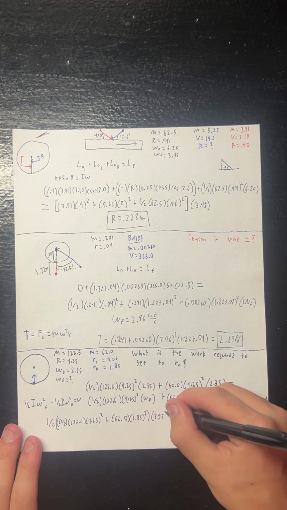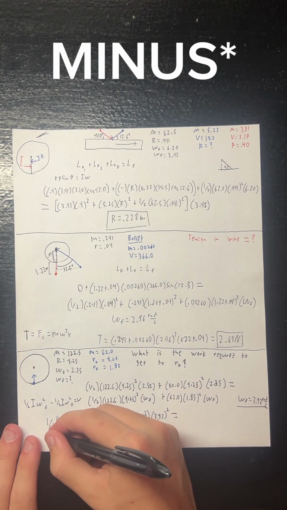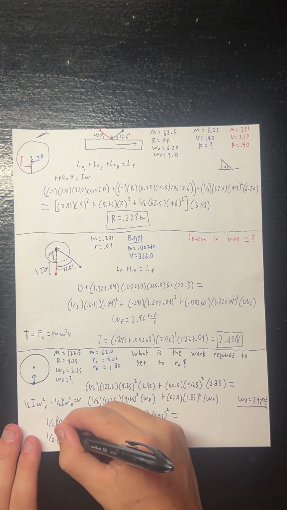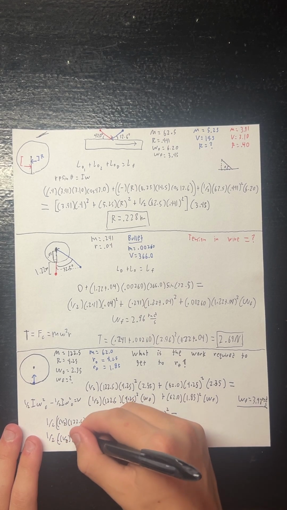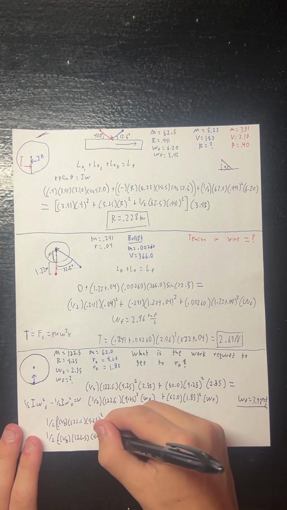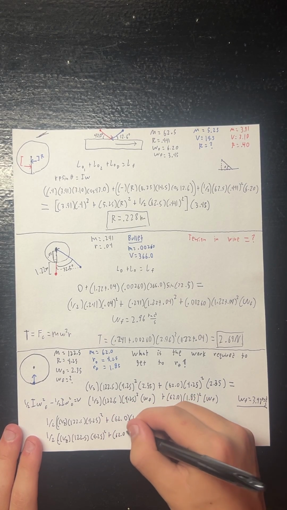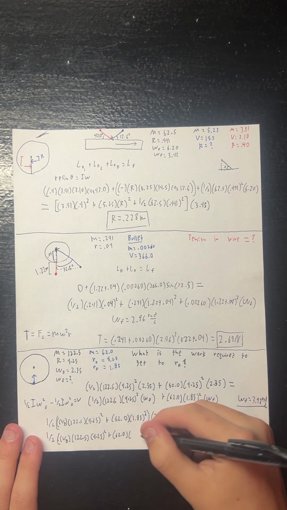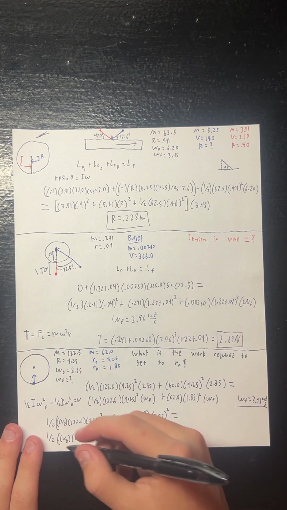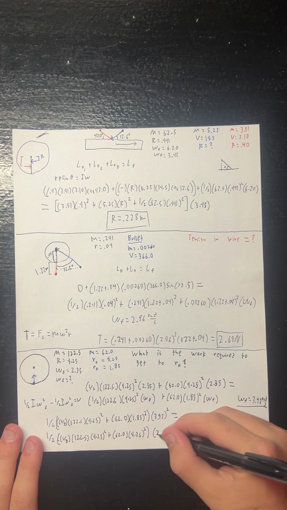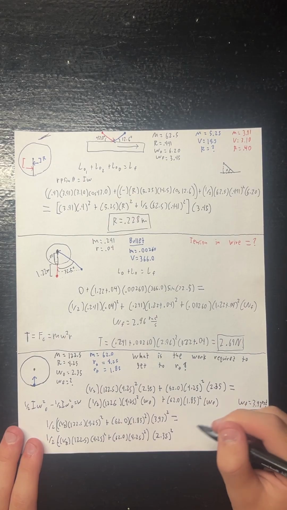3.97 squared, because it is I W squared, and that is going to be equal to 1/2 the I W squared initial. So again, 1/2, this doesn't change, times 122.5 times 4.25 squared, plus 62.0 times our initial of 4.25 squared in big parentheses times our W initial, which is 2.35 squared.